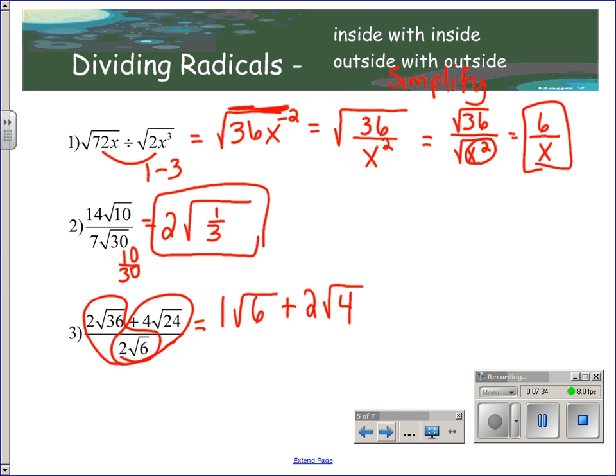Now what can we simplify? Right, the square root of 4. What's the square root of 4? 2. So now we have square root of 6 plus 4. Can we combine them? No, because they do not have like radicals. So that is our answer.